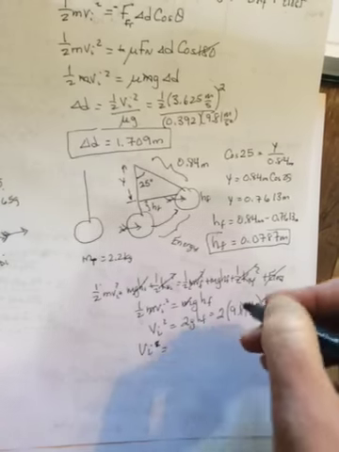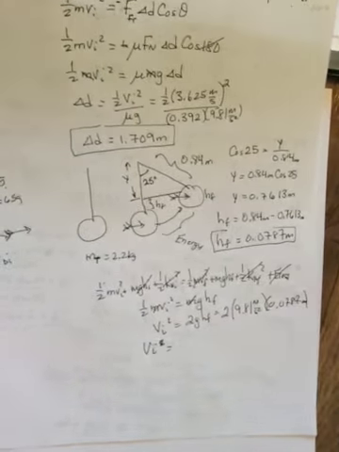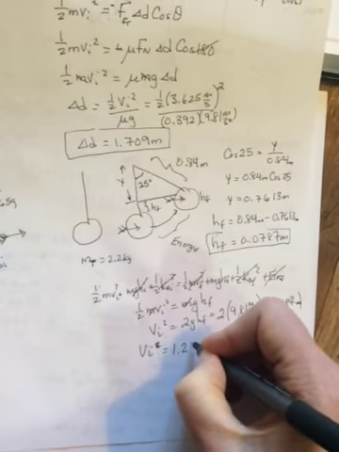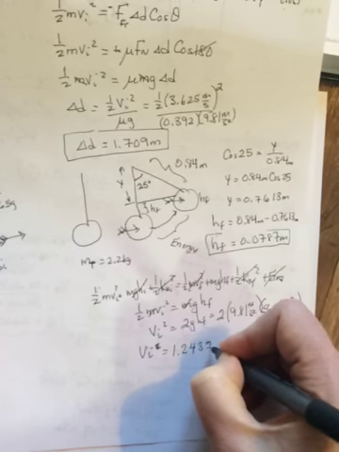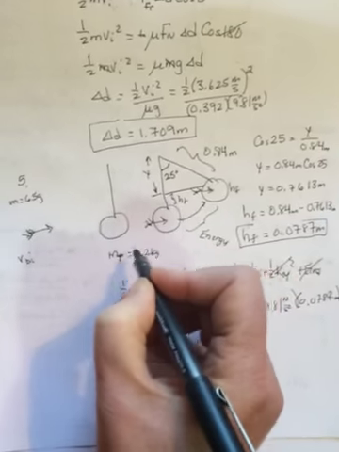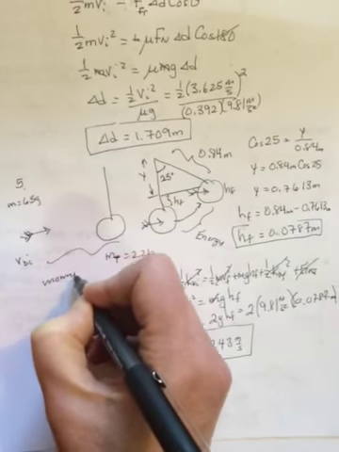I'm just going to do it in one step. v initial becomes 1.243 meters per second. And this then becomes the v final of the momentum piece when the dart hits the block.